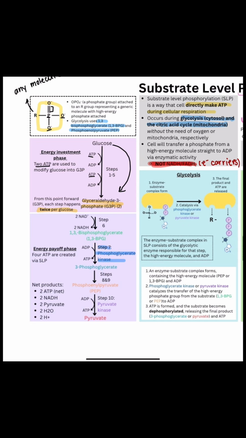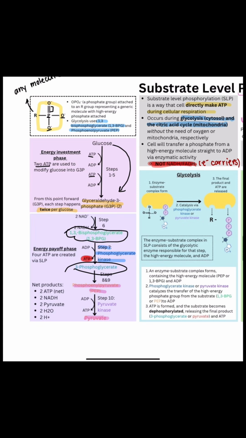So at step 7, the enzyme phosphoglycerate kinase is going to take our high energy molecule 1,3-BPG and convert it into 3-phosphoglycerate. This step is substrate level phosphorylation and it produces 1 ATP. A couple of steps later, we reach phosphoenol pyruvate, our other high energy molecule.